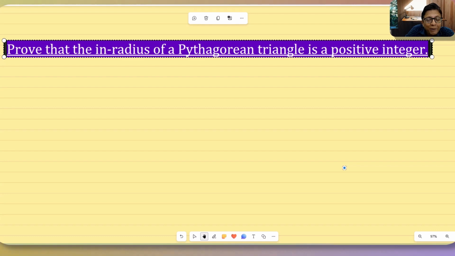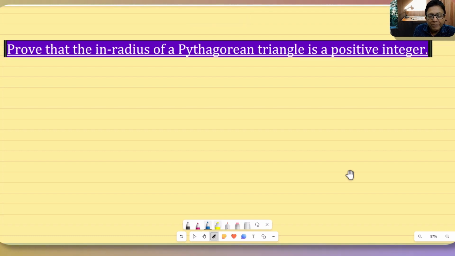Let us relate primitive Pythagorean triplets with geometry again. Prove that the inradius of a triangle formed by primitive Pythagorean triplets is a positive integer. Always it will be a positive integer. How to prove this?